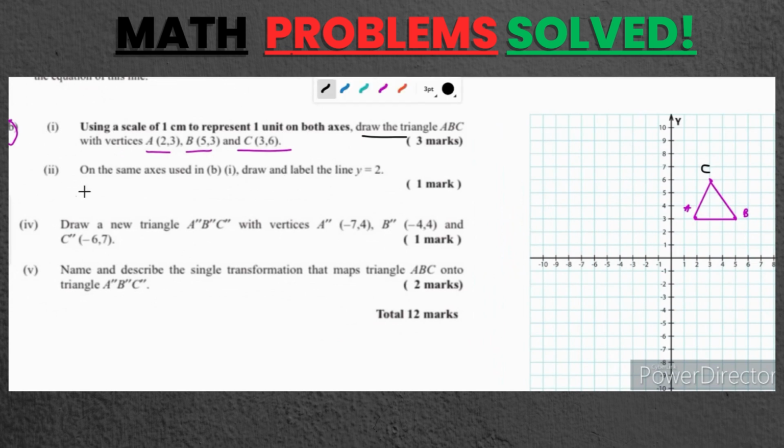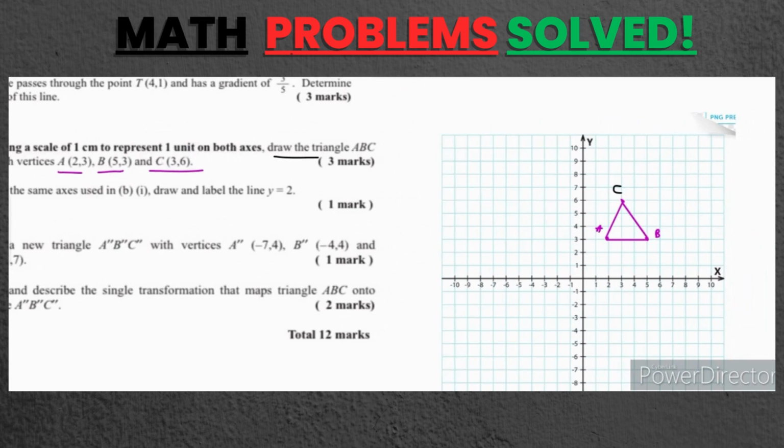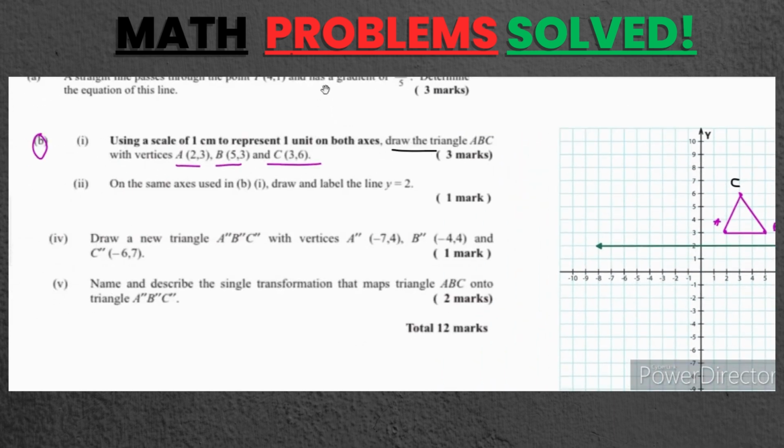Then it says, on the same axes used in part B, draw and label the line y = 2. We just have to draw a horizontal line where y equals 2. This line will represent y = 2. Then we will move to the next part.